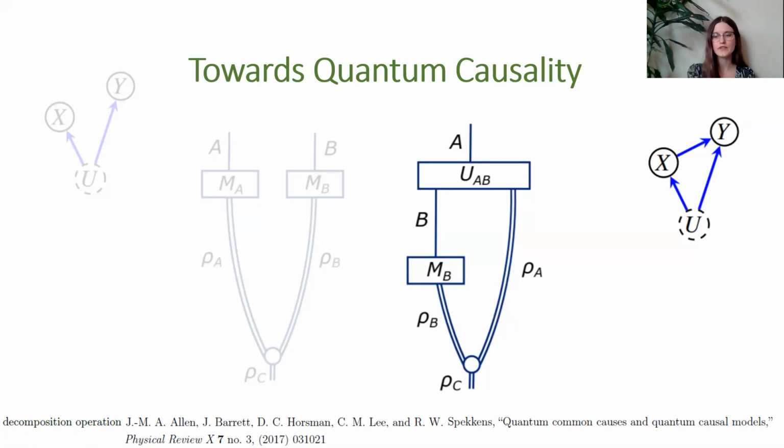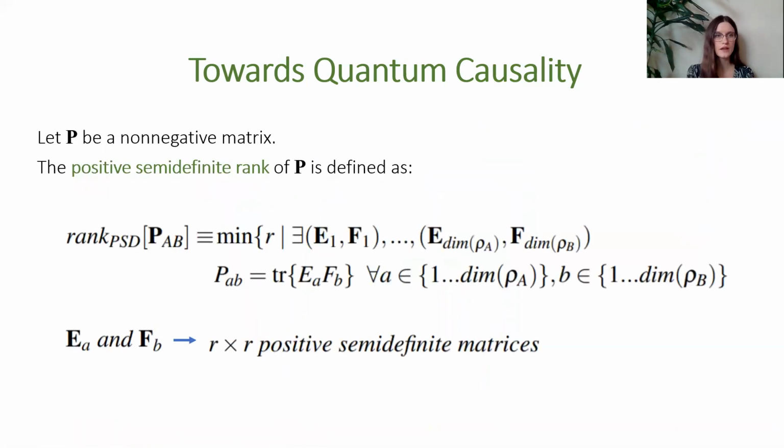So to answer this question, I need to introduce one more definition. Let P be a non-negative matrix, and then the positive semi-definite rank of P is defined as here. So we have the probability distribution, and now what we do is we take its elements, where big A is equal to small a, and each element of the probability distribution can be factorized as this, where E and F are both positive semi-definite matrices of this dimension.